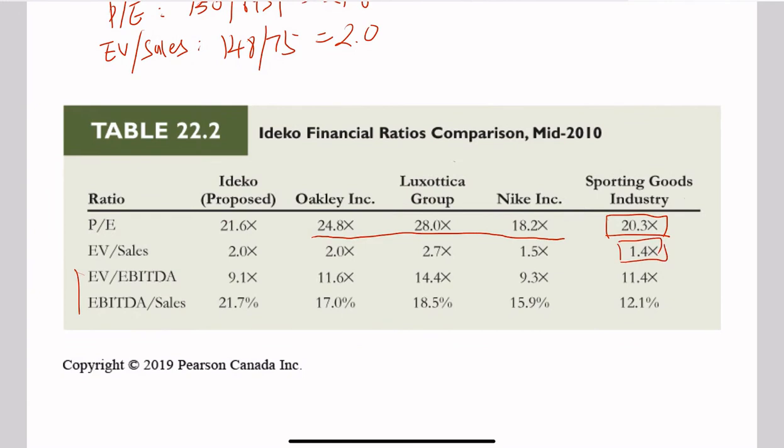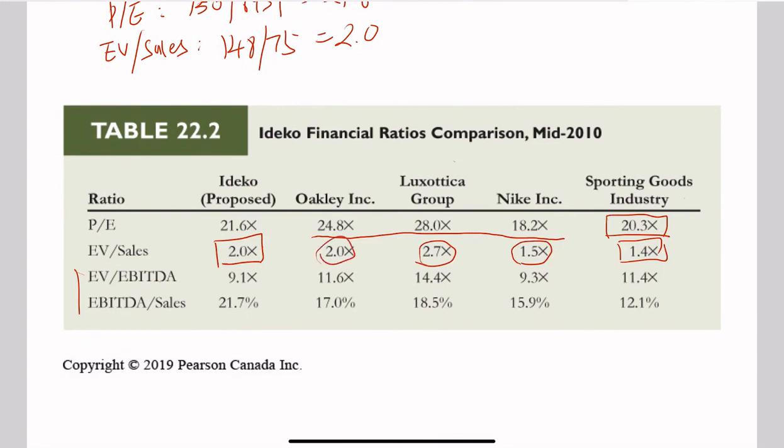And then for EV divided by sales, the sporting goods industry has an average of 1.4, and then the firm has a 2, so it's slightly higher. And then if you compare the 2.0 EV sales ratio with comparable firms, you can see that it's higher than Nike, but it's lower than Luxottica, and it's the same as Oakley.